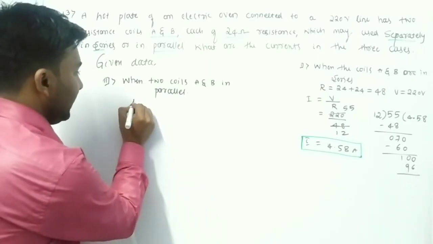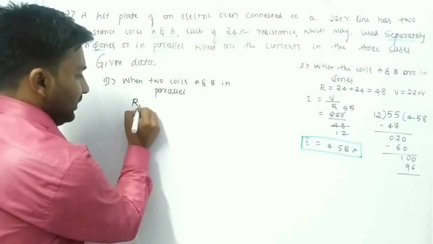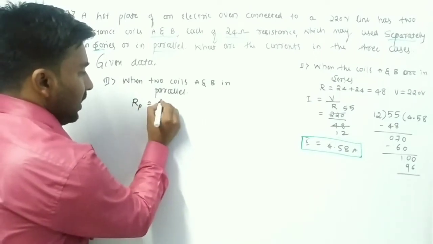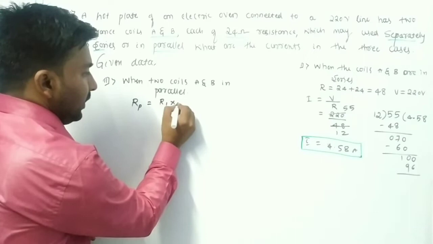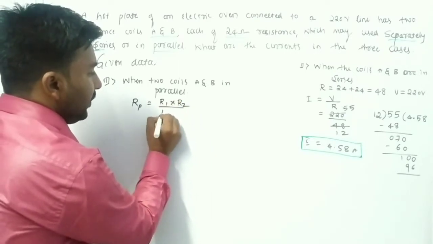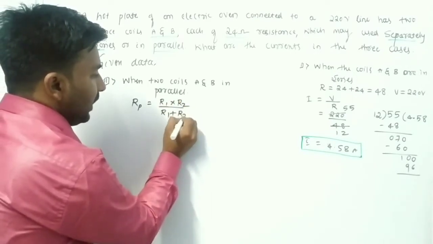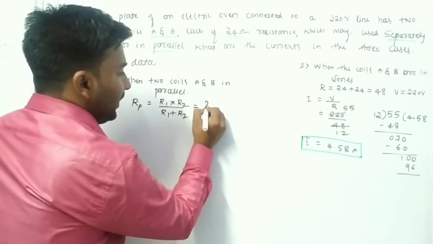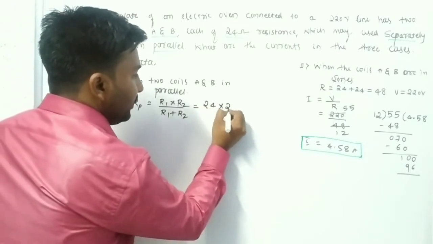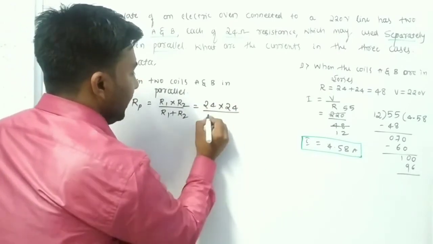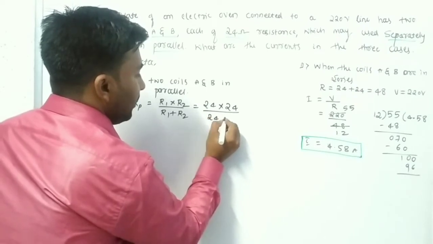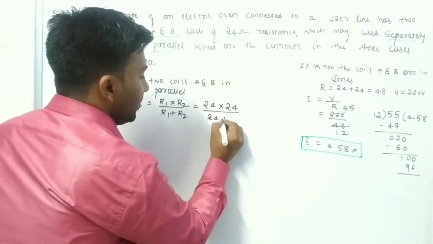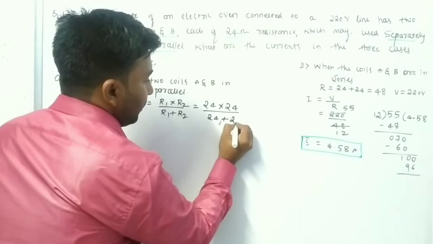The equivalent resistance is R1 into R2 divided by R1 plus R2. R1 is 24, R2 is also 24, divided by 24 plus 24.